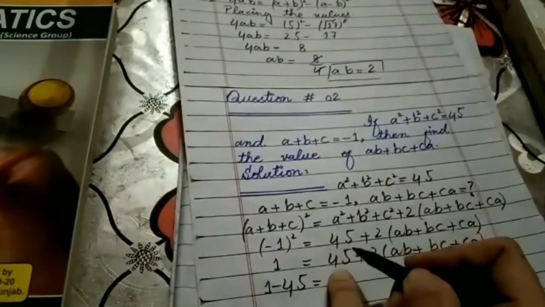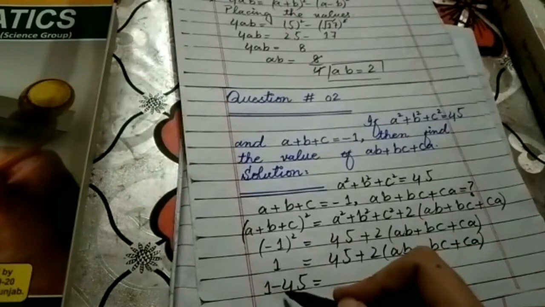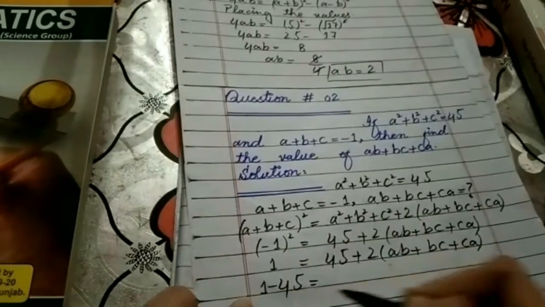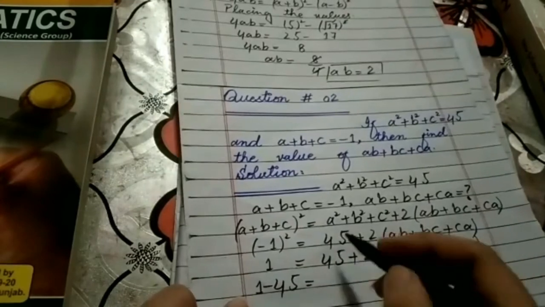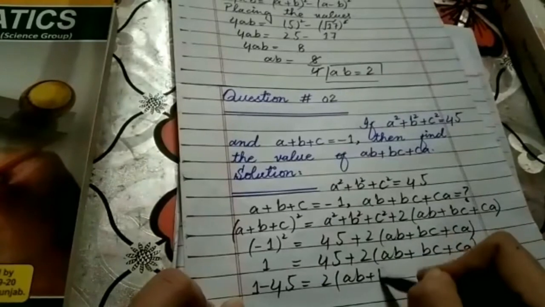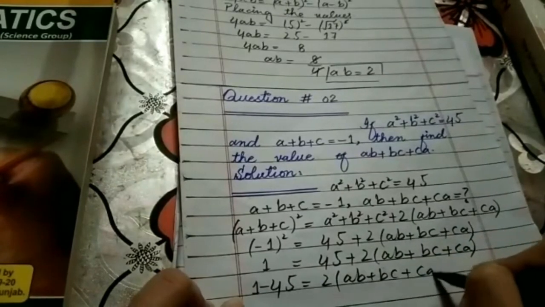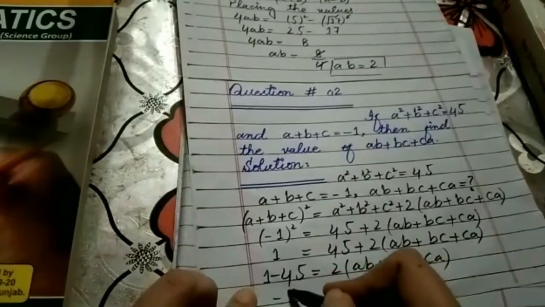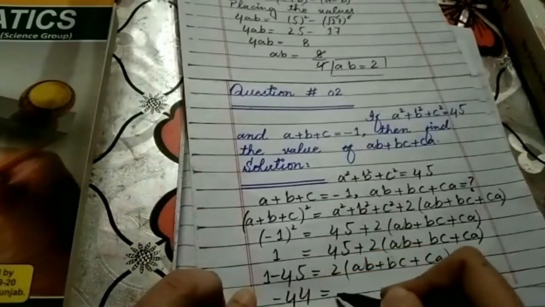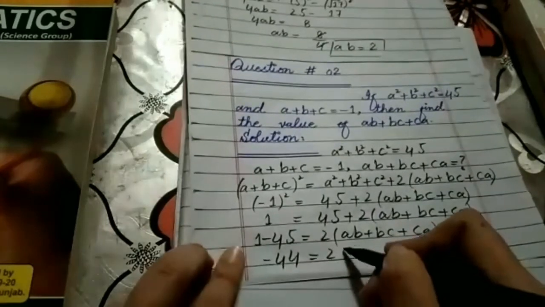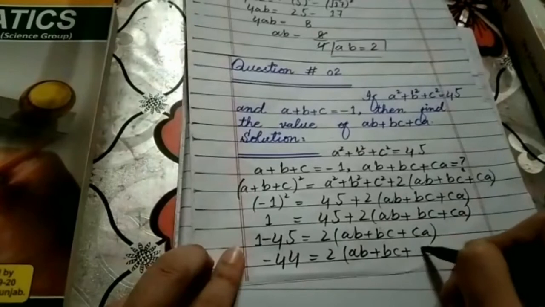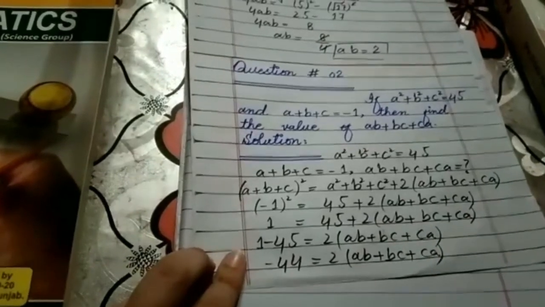Here it was positive, and whenever it comes to the other side of the equal sign, its sign will be changed. ab plus bc as it is, the rest of the value will be the same. So it's negative 44, because the negative is with the greater value. So 2 into ab plus bc plus ca.